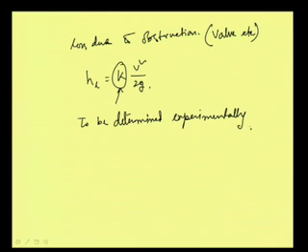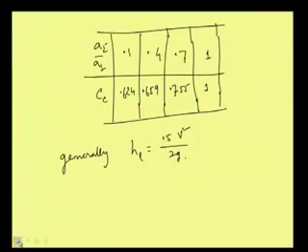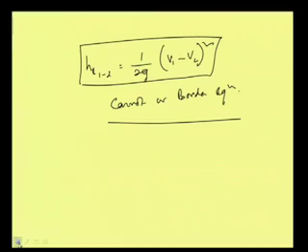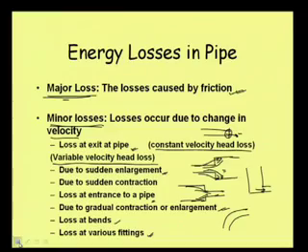Well, so we did already discuss some of the patterns of losses, and we have listed some minor losses. If we go back to this point, the loss due to entrance in pipe we have discussed explicitly. Then, loss due to gradual contraction and enlargement, as if we are rounding off.